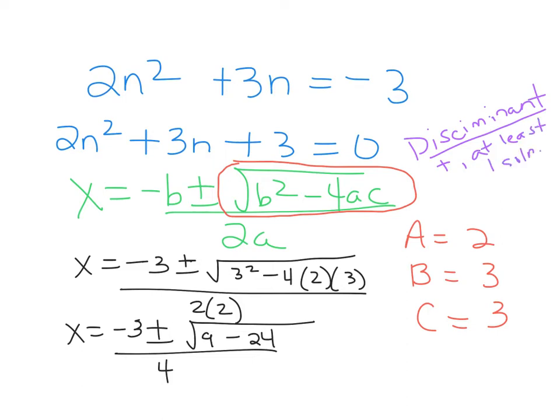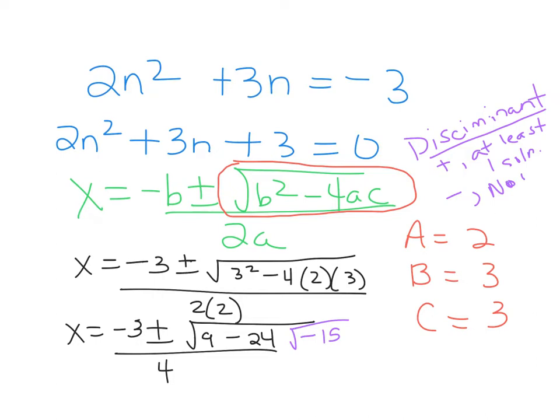Sorry, I'm abbreviating. Now, if my discriminant comes out to be negative, all right, now look at the problem we're doing right now. 9 minus 24 is going to be negative 15, so we have the square root of negative 15. Well, guys, you can't take the square root of a negative number. So if my discriminant is negative, that means the problem has no solutions.